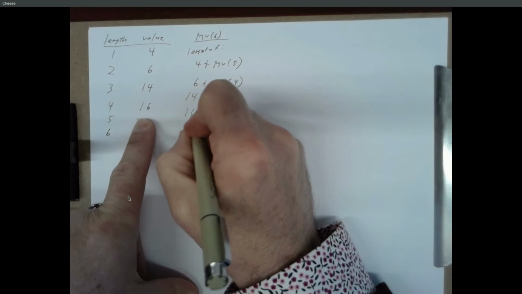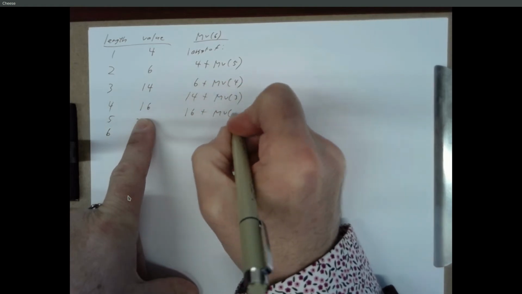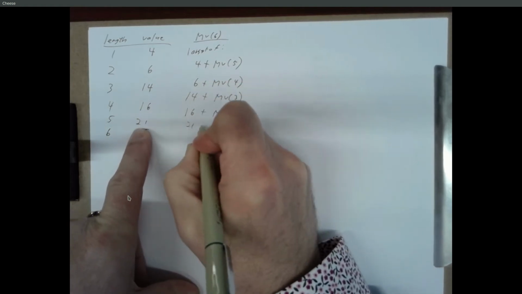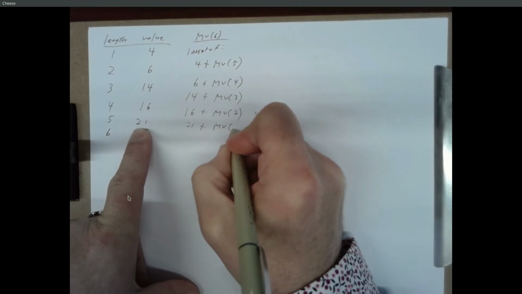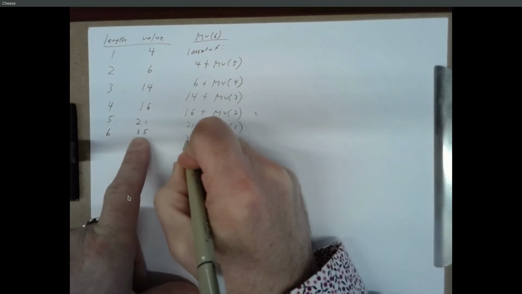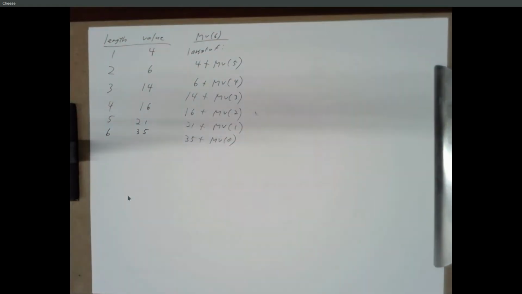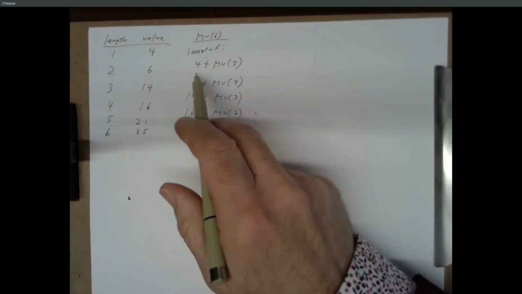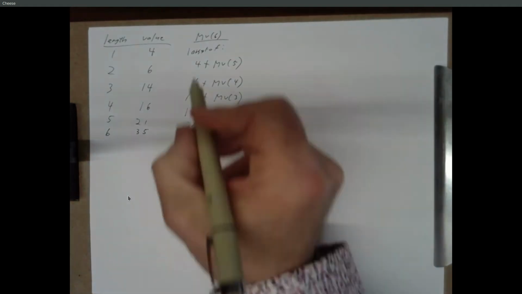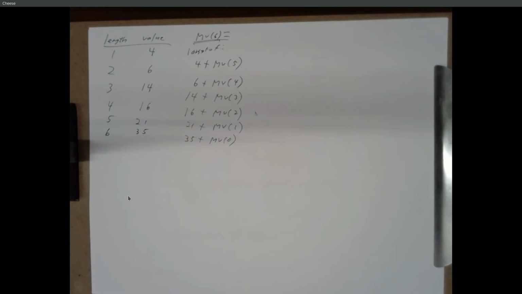I can cut a 4-inch piece, which is 16, and leaves me 2. I can cut a 5-inch piece, gets me 21 and leaves me 1, or I can cut a 6-inch piece, which leaves me 0 inches. So if I can calculate these 6 expressions, I can find the largest. That's the value of maxval 6, and I can write in what that is.